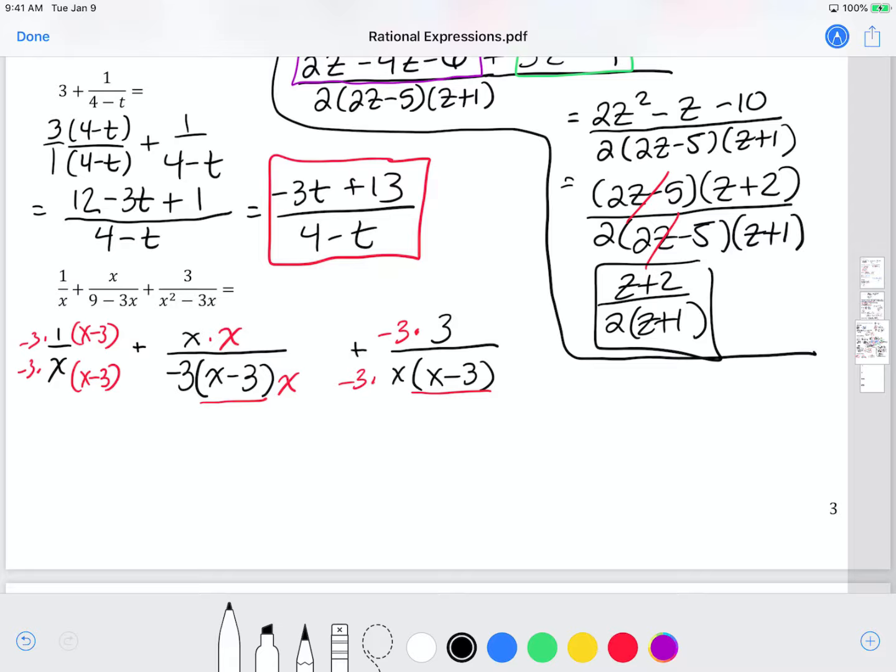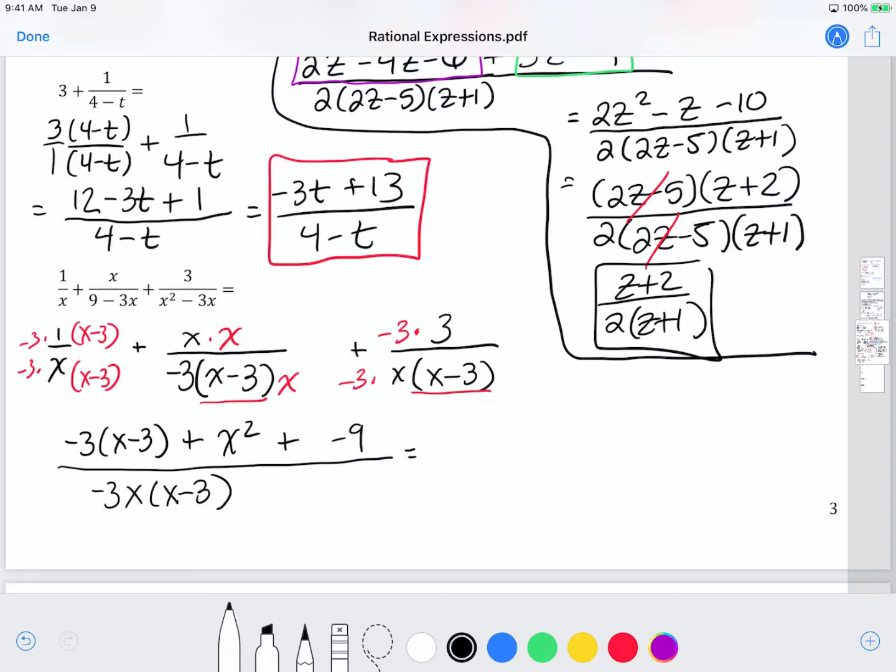So in the first numerator, I have a negative 3 times 1 times x minus 3. In the second numerator, I have x squared. And in the third numerator, I have a negative 9. And that's all over my common denominator, which is a negative 3 with an x and an x minus 3. Now I'm going to distribute that negative 3. So I have a negative 3x plus 9.